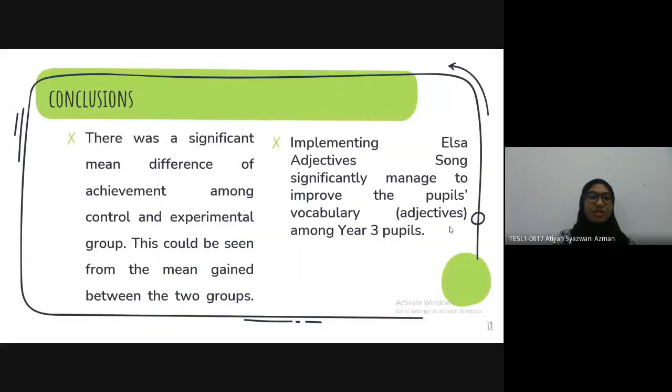So, conclusions. There was a significant mean difference of achievement between the control and experimental groups. This could be seen from the mean gain between the two groups. The second one is that implementing the Elsa Adjective song significantly improved the pupils' adjective vocabulary among Year 3 pupils.